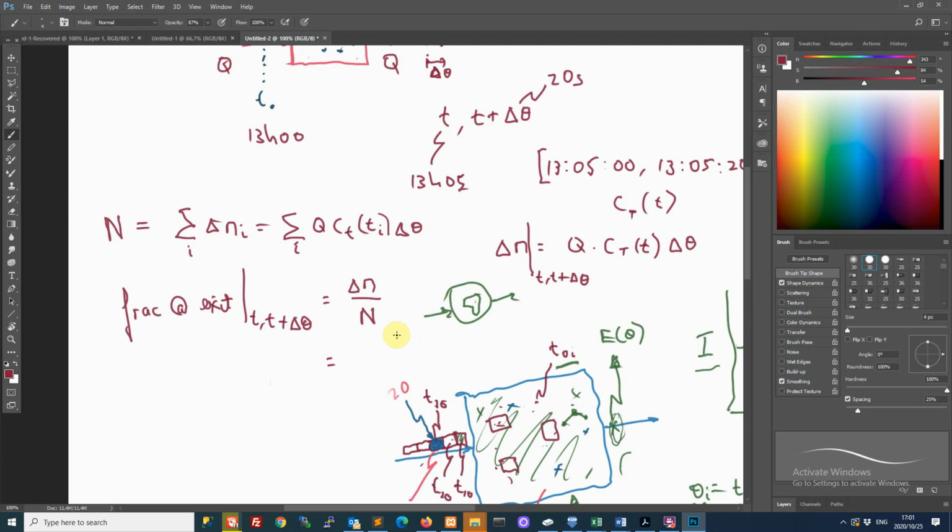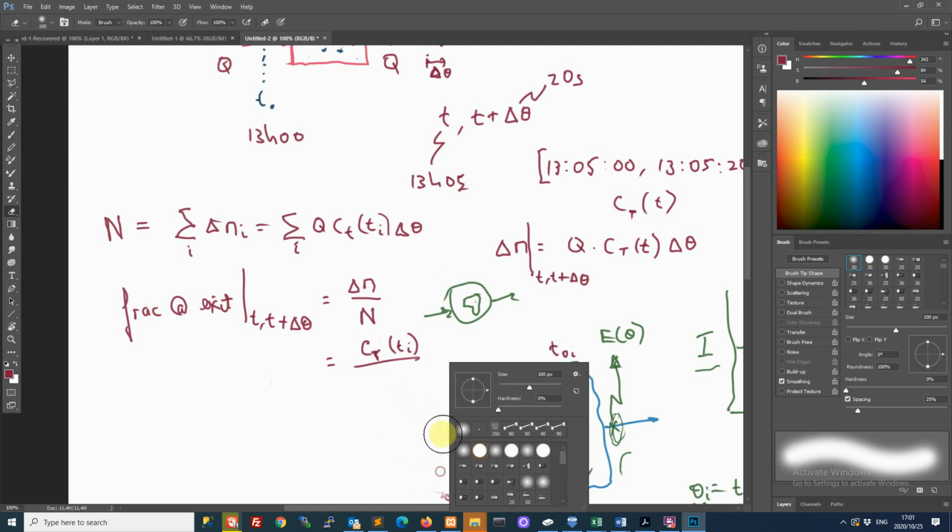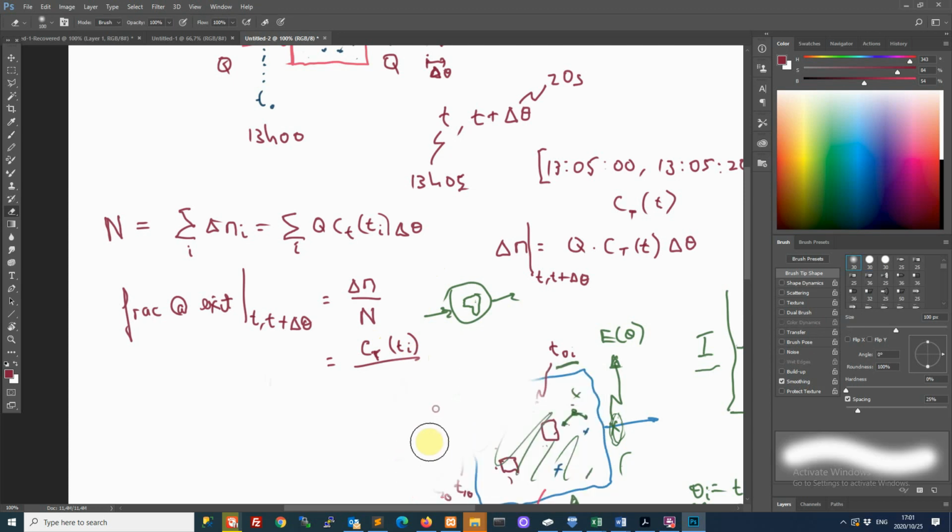Right, and so you're going to get here CT at Ti over the summation of CT at Ti, and I'm just going to leave the delta theta in here, right?